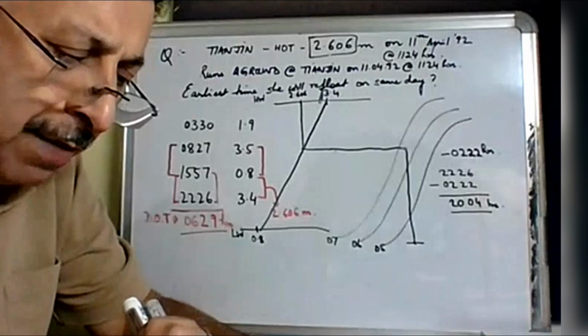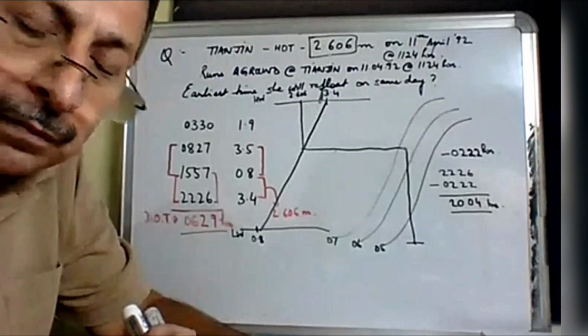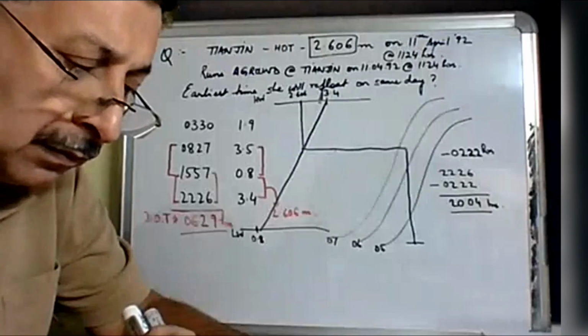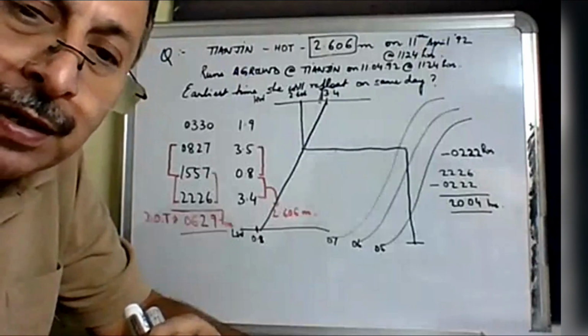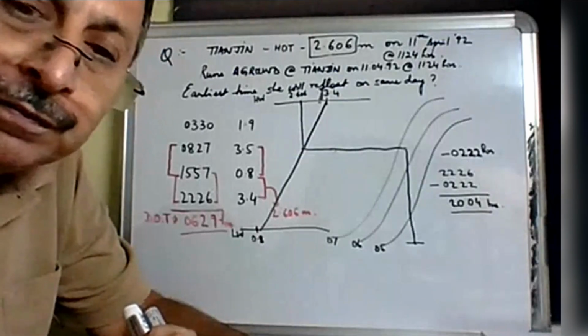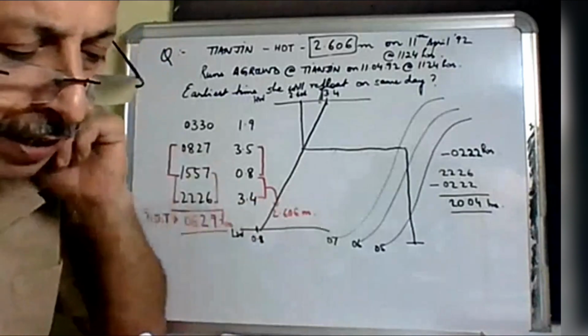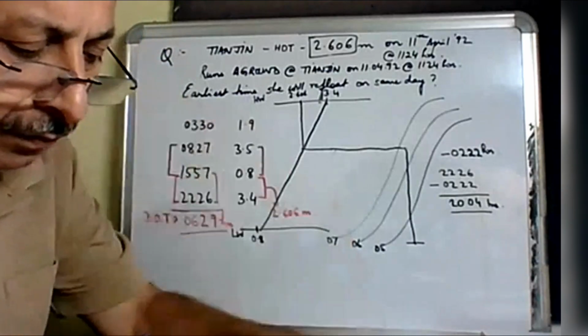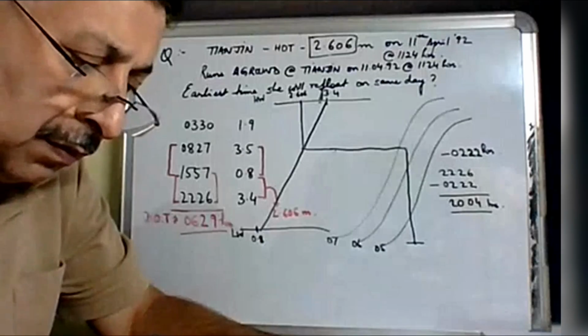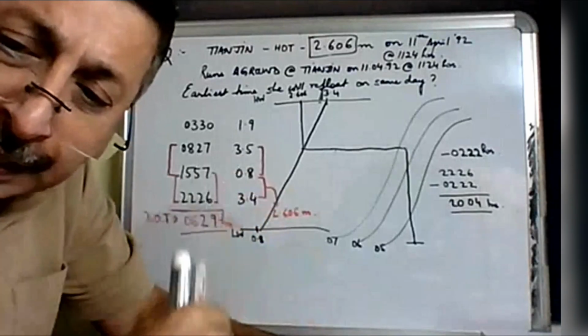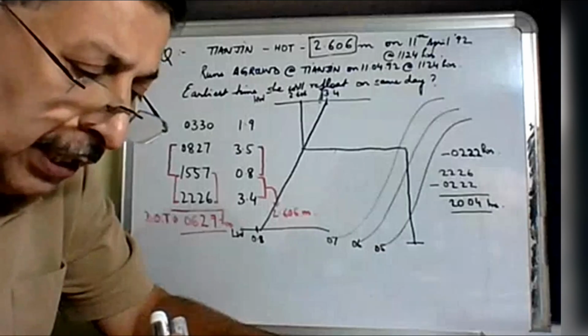PM में हाई वाटर टाइम क्या है? 3.9, 1745. Right? And low water time क्या है? वो 7th 1200. उधर चला गया, तारीख बदल गई. ठीक है.